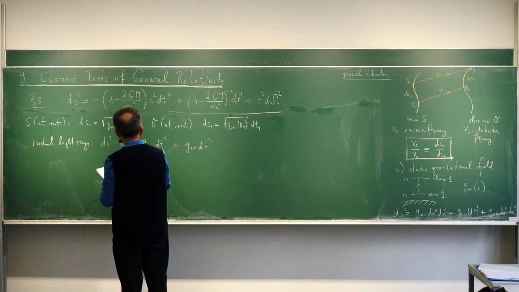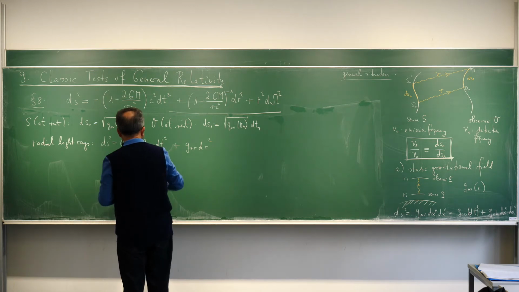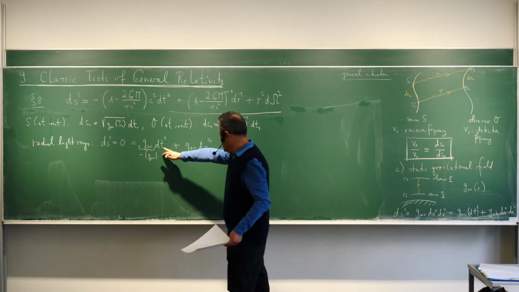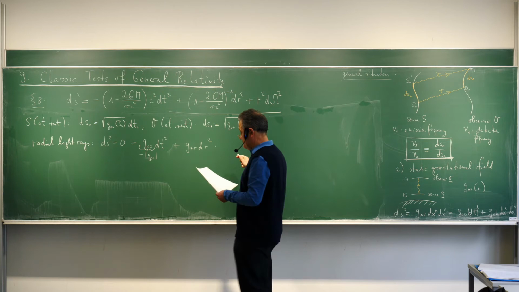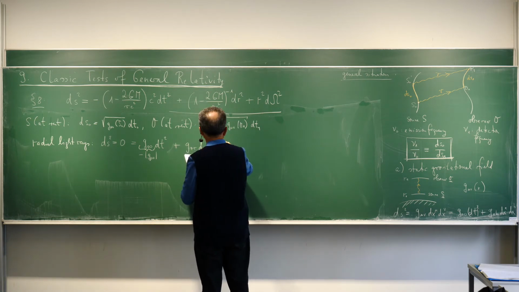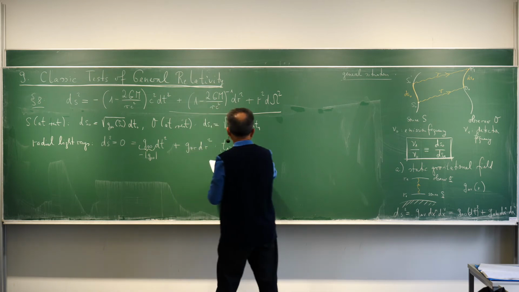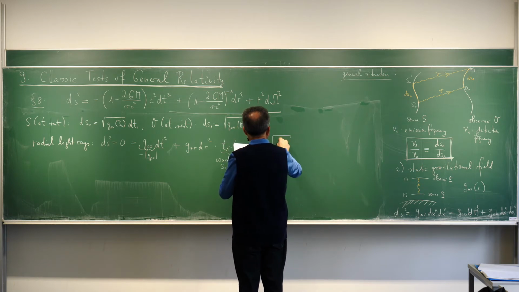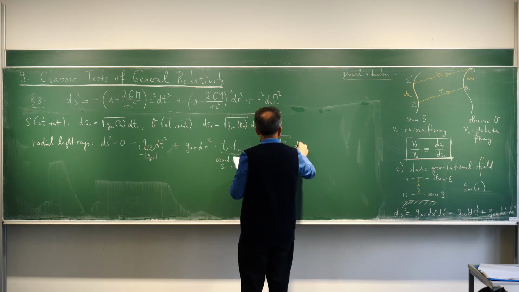Okay, g00 is negative, so we can write it as minus the absolute value of g00. So you get from this immediately the coordinate time difference, t1 minus t0. This is the coordinate time from source to observer, and this is then the integral from r0 to r1 of the square root of g_rr over |g00| dr.